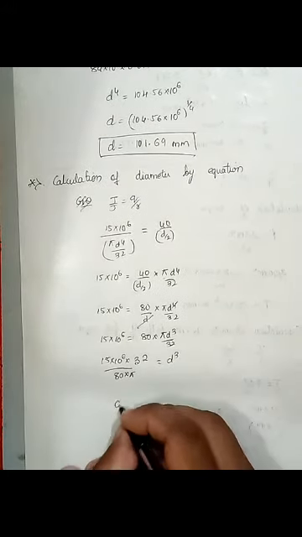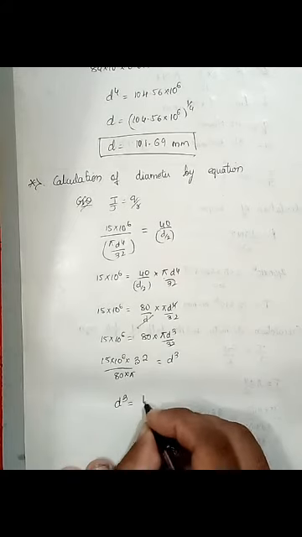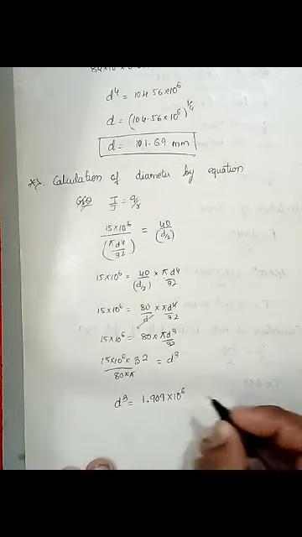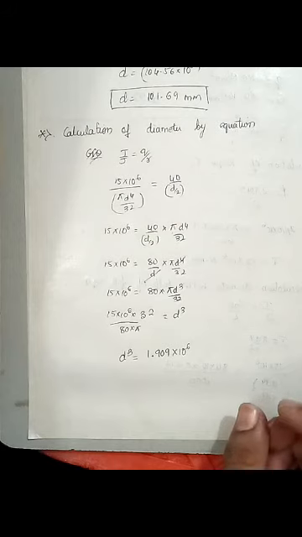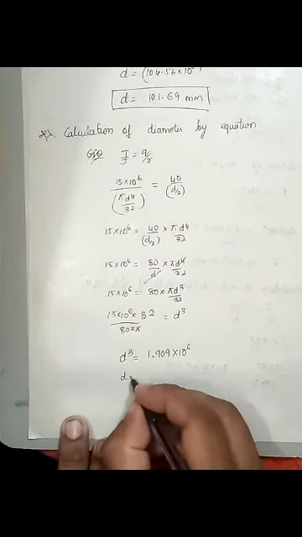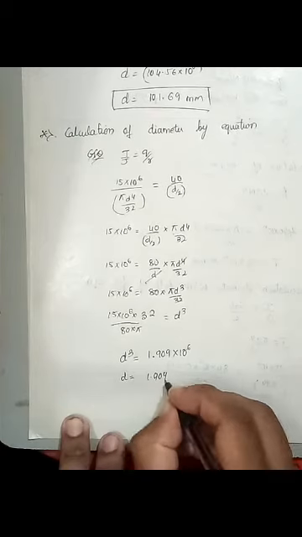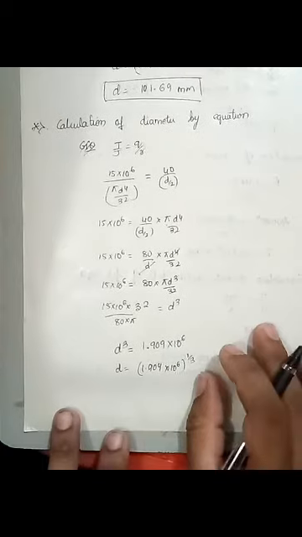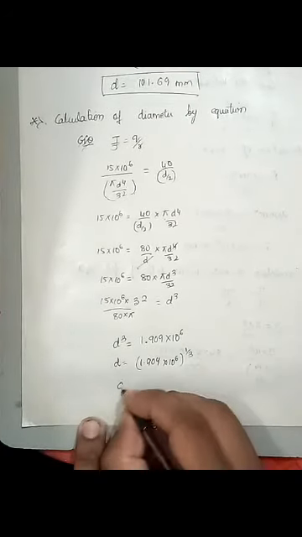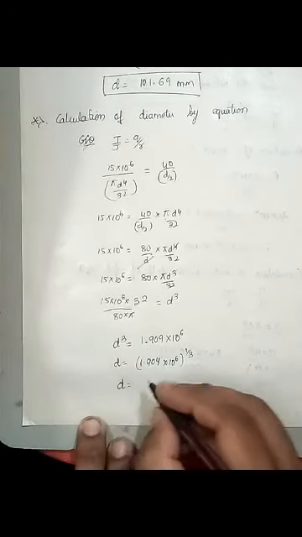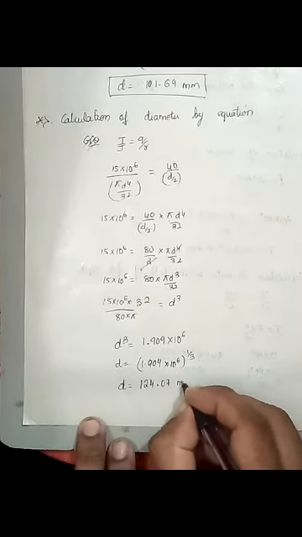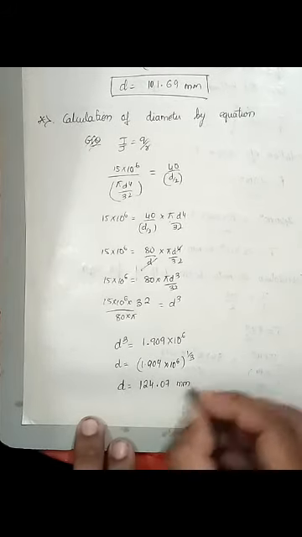So now d cube equals 1.909 into 10 to the power of 6. Therefore d is equal to 1.909 into 10 to the power of 6 raised to 1 by 3, because we need to simplify it further. So therefore d, I get it as around about 124.07 mm.